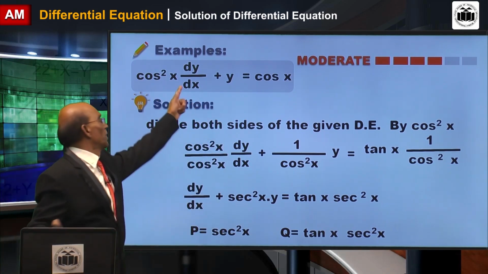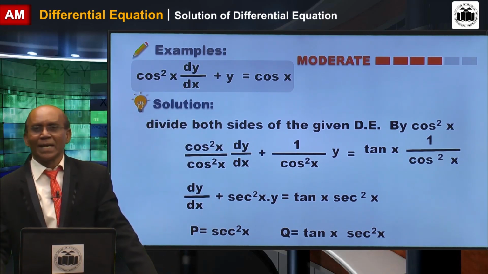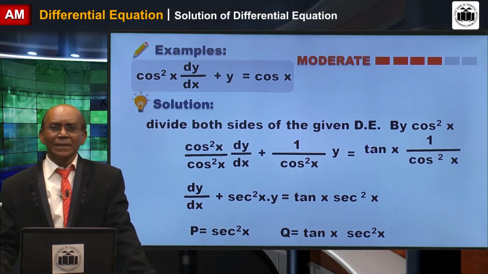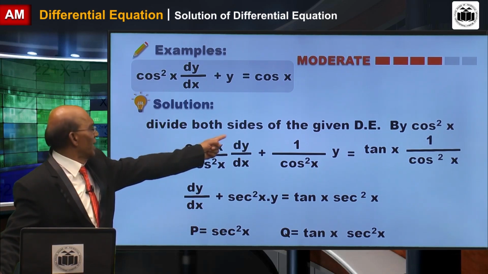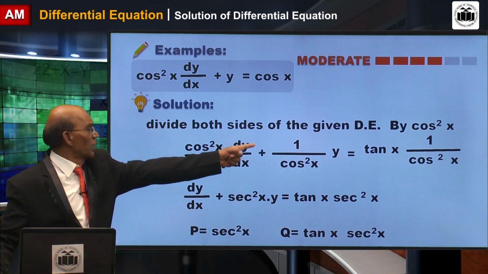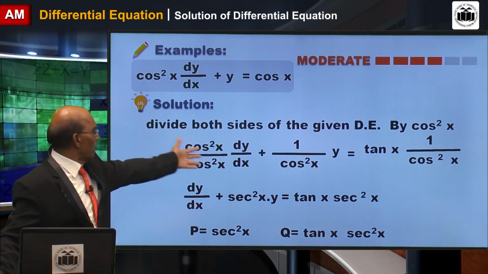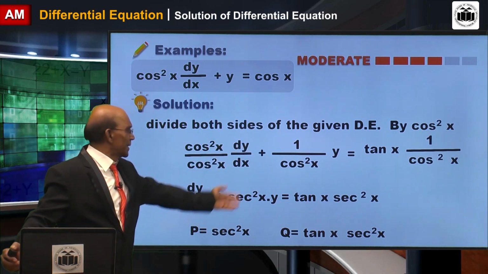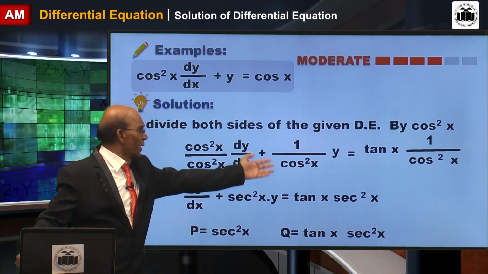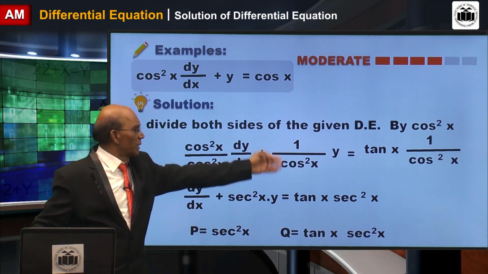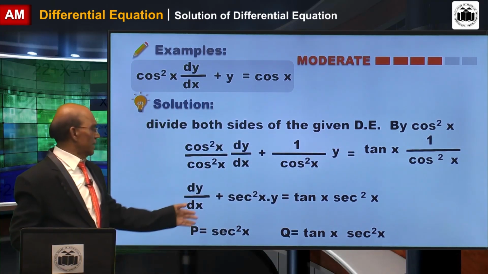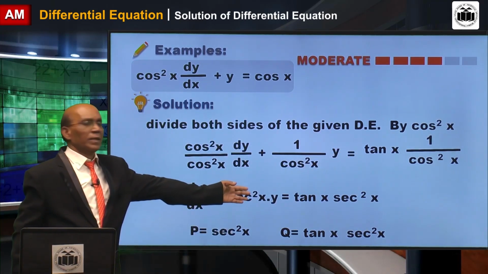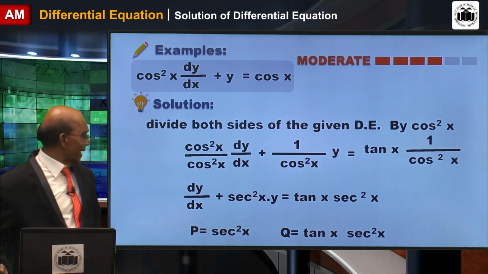Here the coefficient of dy by dx is cos square x, so by dividing both sides of the equation by cos square x, we get dy by dx, then 1 by cos square x is sec square x times y, and on the other side tan x into 1 by cos square x. So dy by dx plus sec square x y equals tan x sec square x.